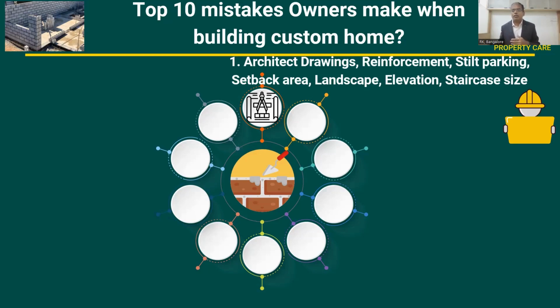If the next person also has a 30 by 40 site and also builds close to our wall, and the next one also builds, then you can see their window and our window, people moving, all those things. So we should give at least 2 feet between the compound wall and our home wall. The gap should be a minimum of 2 feet.